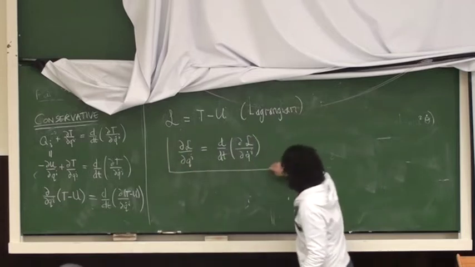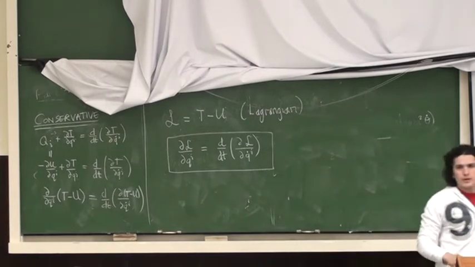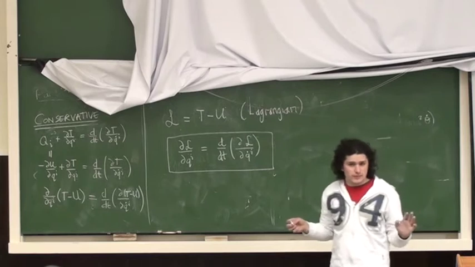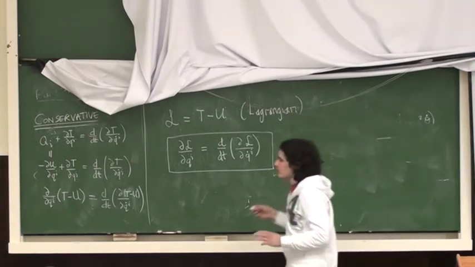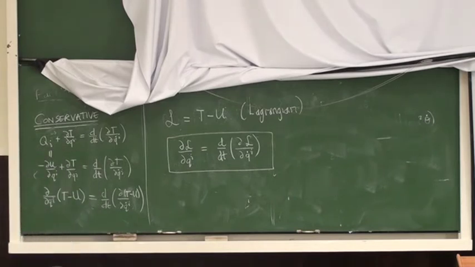That's Lagrange's equations for a conservative force. So when we know that all forces in the system are conservative, that all the forces obey being minus the gradient of some potential function, then we can rewrite Lagrange's equations.